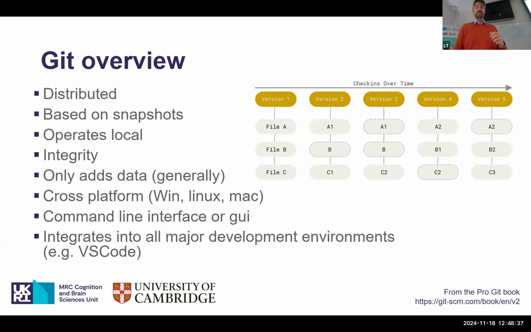What I would definitely recommend is that all the major modern code development environments, such as VS Code, will have Git support. So in VS Code, for example, I'm going to demonstrate this works really well. So you can use that as a graphical user interface, so to speak. There are certain things which are not so easy to do in the command line. It's very easy if you have it integrated in your development environment.